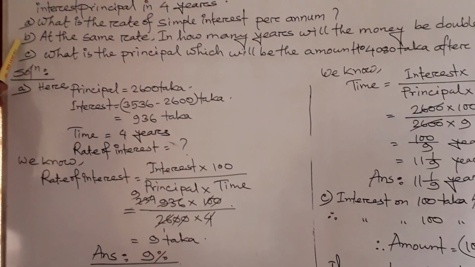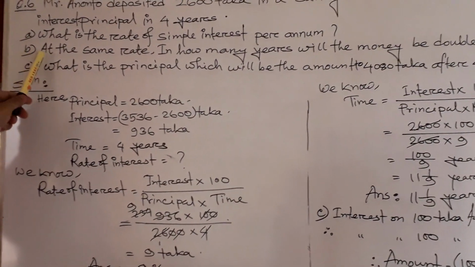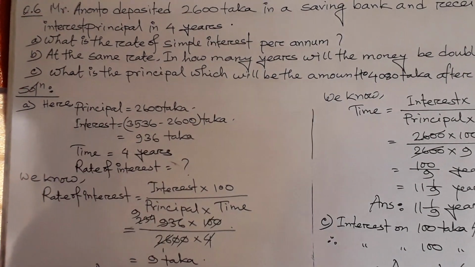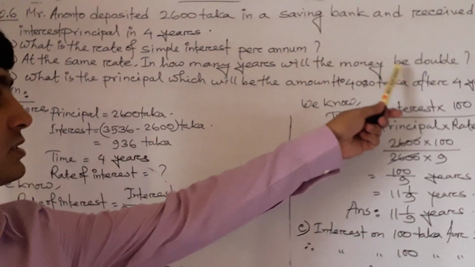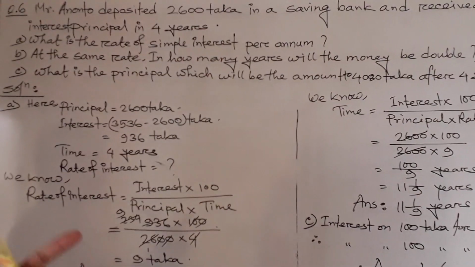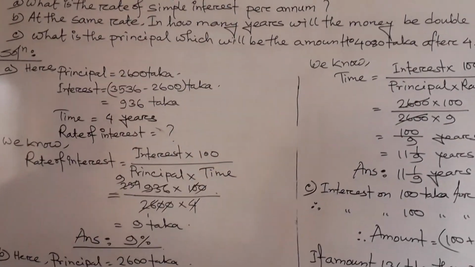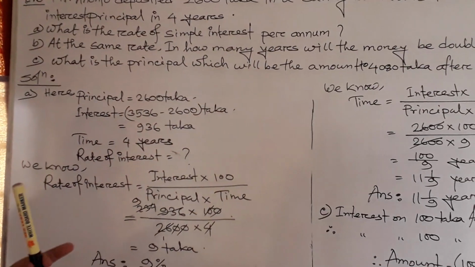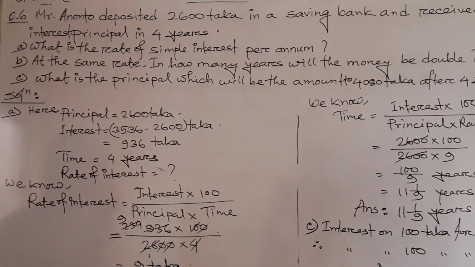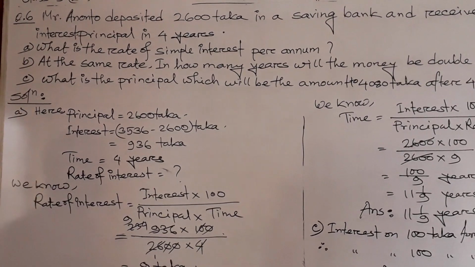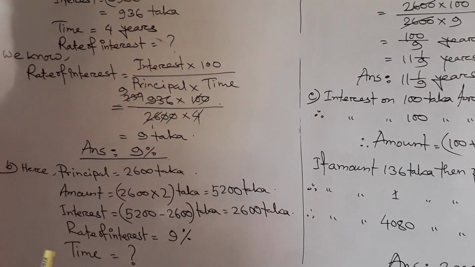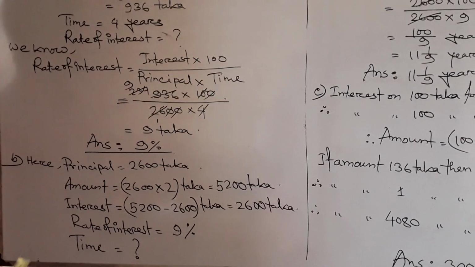Then we solve question number B. At the same rate, in how many years will the money be double? Money doubles. Now if you have 5 taka, then double money is 10 taka. So here the given money is 2,600 taka. Now the double amount is 2,600 multiplied by 2, so 5,200 taka.